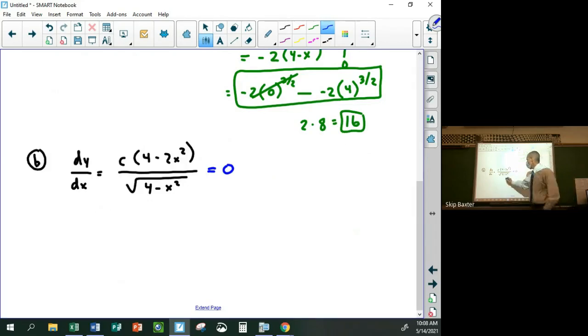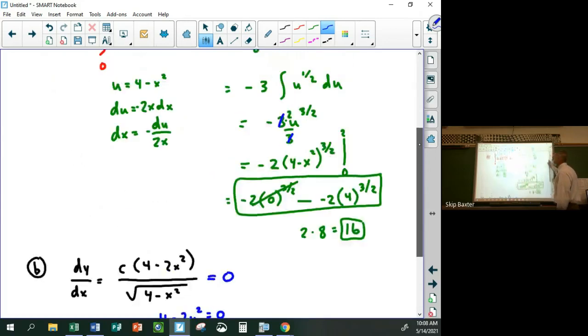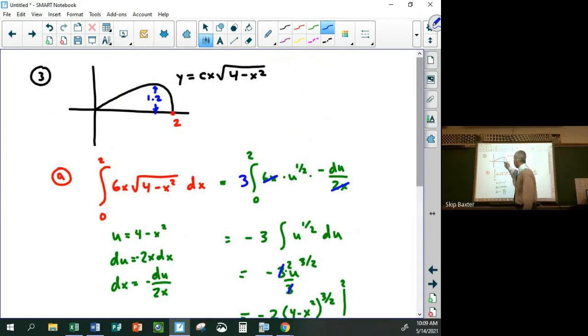So that occurs when 4 minus 2x squared equals 0. So when 4 equals 2x squared, or when x equals radical 2. So when x equals radical 2, the height of the function is that.